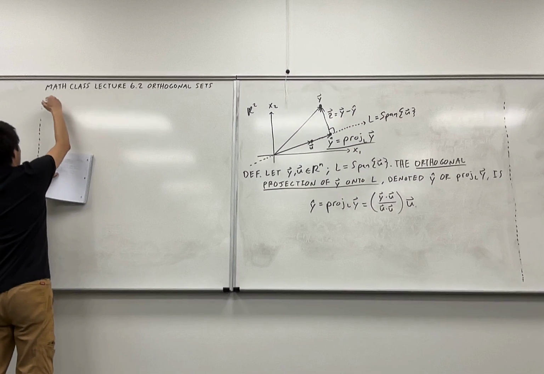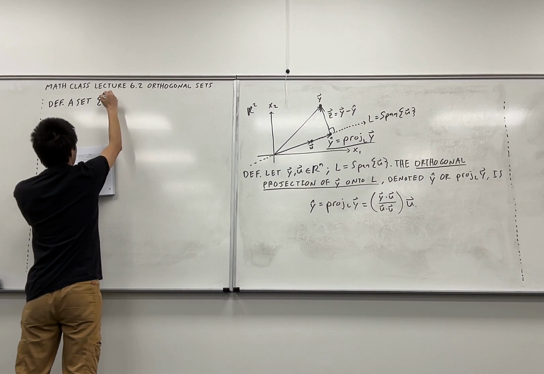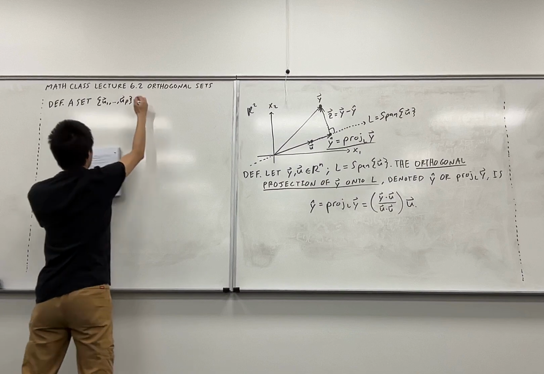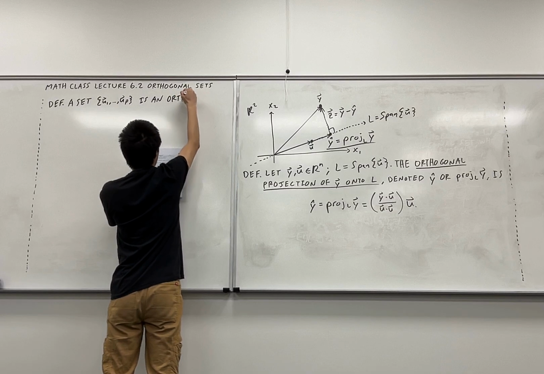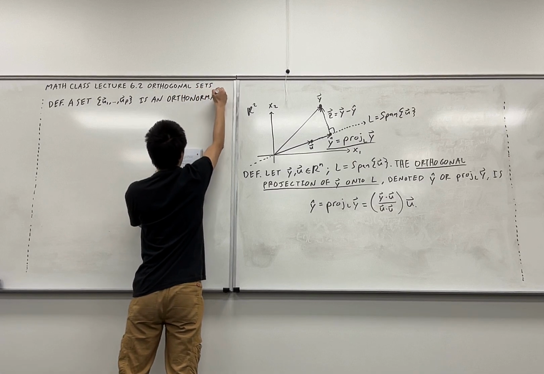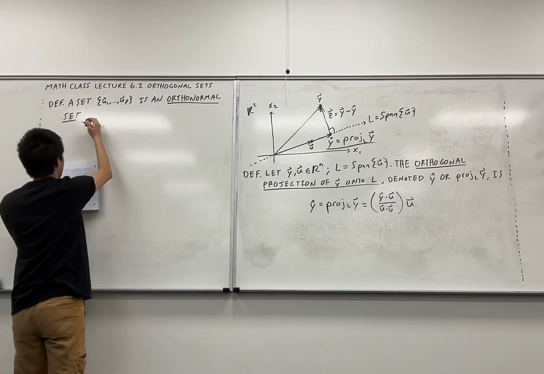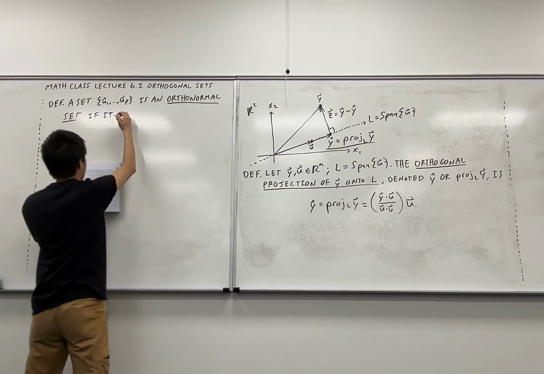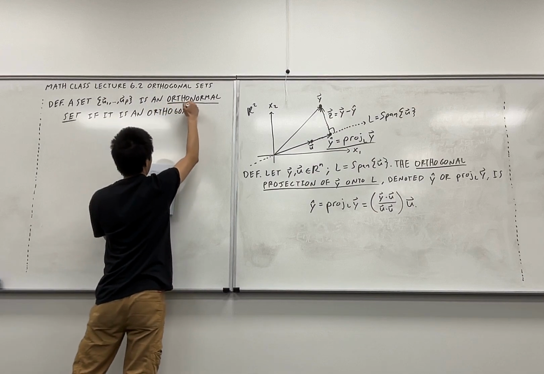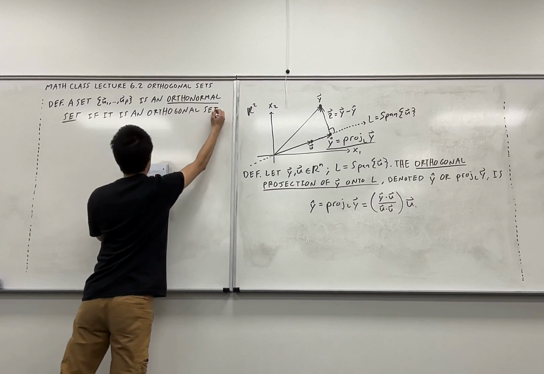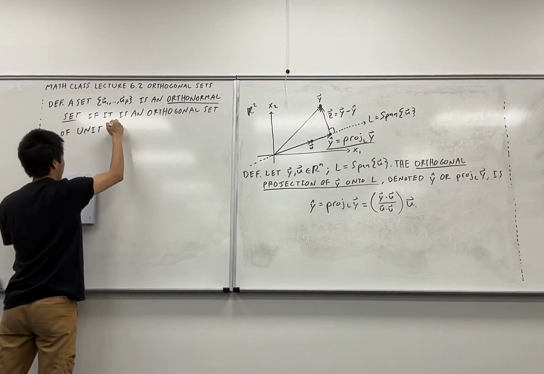A set u1 through up is an orthonormal set if it is an orthogonal set of unit vectors. Unit vectors, that's kind of the important thing here.